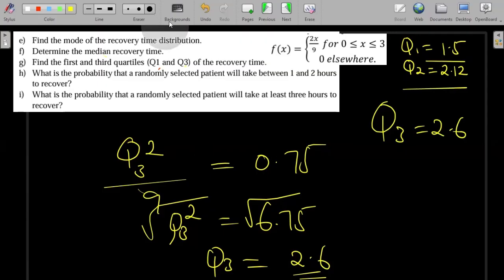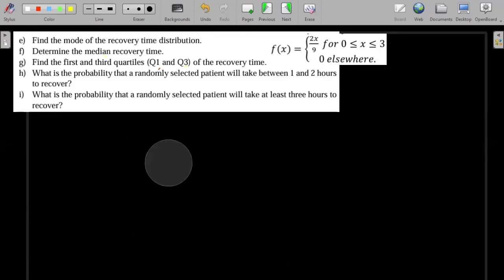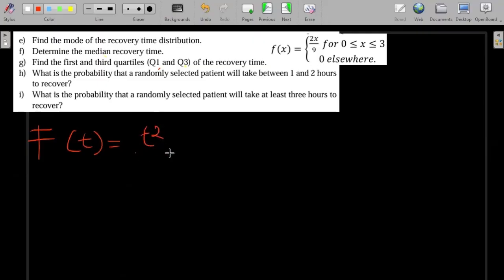Okay, time to find some probability. Remember our CDF, I'll write it now in terms of t: it was t squared over 9. We're going to use this to find some probabilities. They're asking, what is the probability that a randomly selected patient will take between 1 and 2 hours to recover?